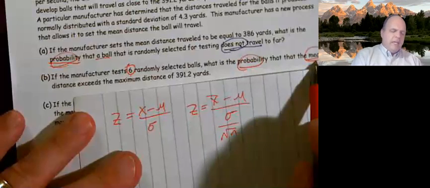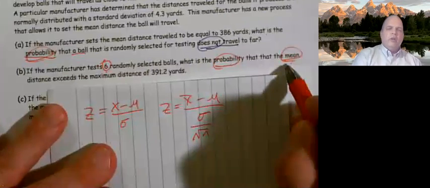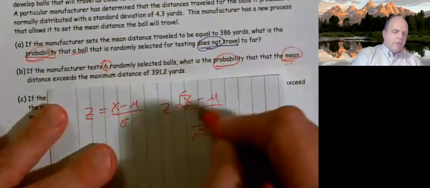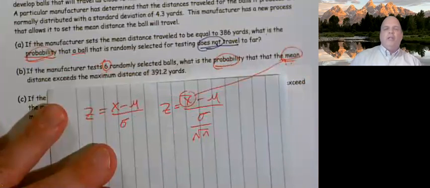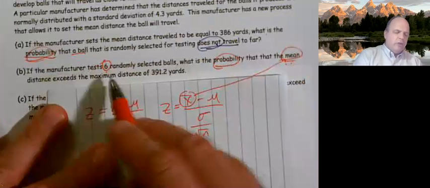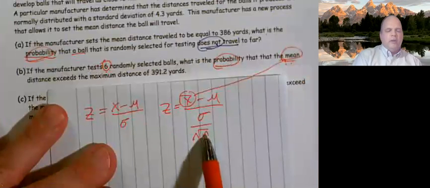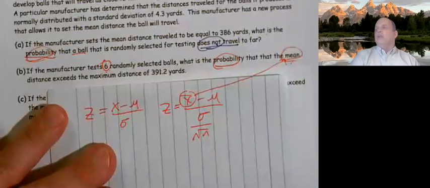Since they're asking for the mean distance, the average of the 6 balls, this maps to that, and that's how I knew to use it. Although having a sample size is a really good hint. If I have a sample size, it's probably this, but I need to look for the mean or average or x bar to formalize the information.